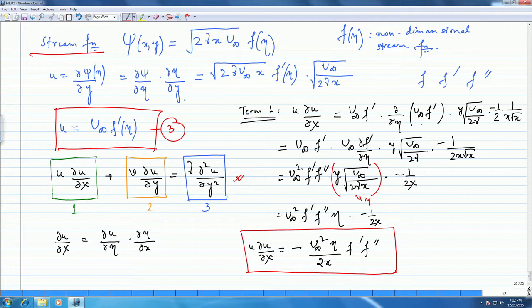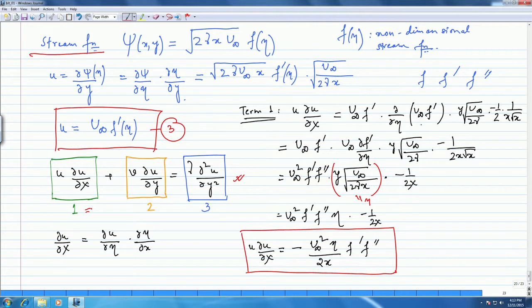What I did here is I transformed this first term in terms of the new variables, the non-dimensional stream function and eta, the similarity variable that we have come up with. Using that, I am able to write it in terms of eta, f dash and f double dash.